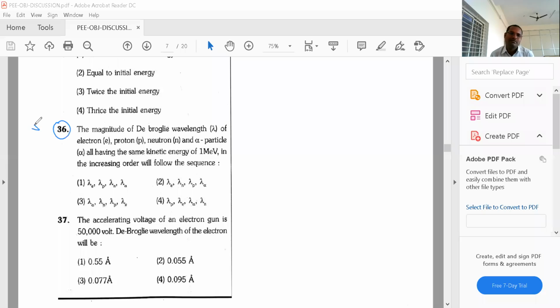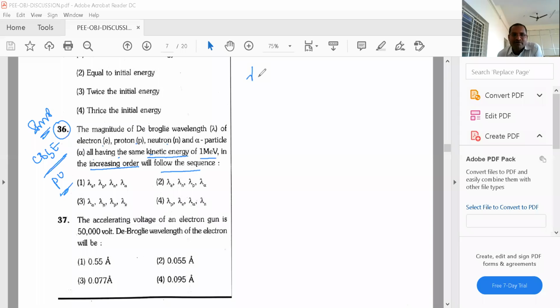CBSE students have asked this type of question previously in the board exam, and PU students also need to remember, and for competitive exams also it is important. See, the magnitude of de Broglie wavelength lambda of electron, proton, neutron and alpha particle, all having the same kinetic energy of 1 mega electron volt, in increasing order will follow the sequence.